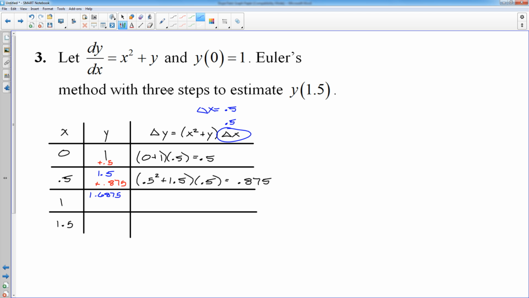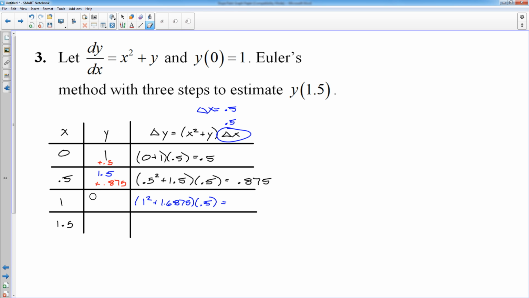And then one last time, x squared plus 1.6875. And remember, do not round your y coordinates or your y values in the intermediate steps. You only round at the very end. When you plug all that in, you will get, hang on, I messed up.